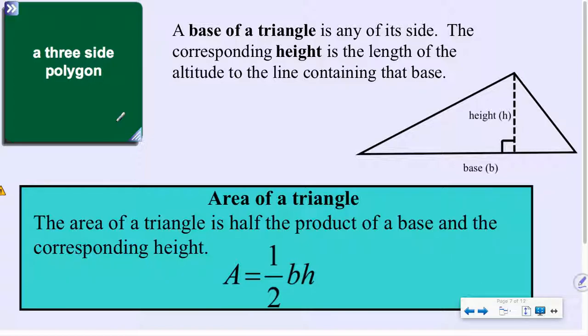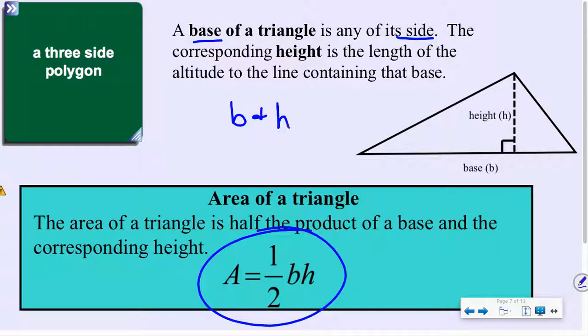Hopefully that sounds familiar to you because you were doing it last chapter in chapter 8 and you've done it before in your school career. The base can be any of its sides, and then the height has to be perpendicular to that. Or the altitude does. So just like your rectangles and parallelograms, in a triangle the base and height will always be perpendicular. They always have to make a right angle.